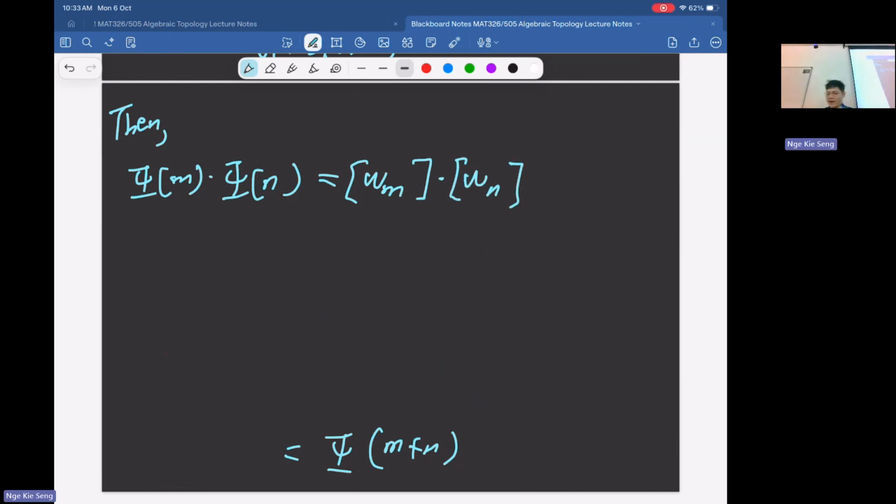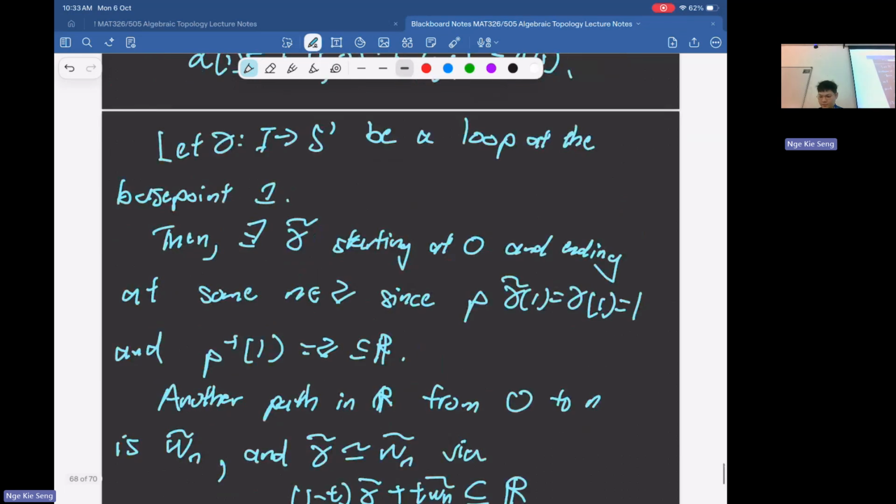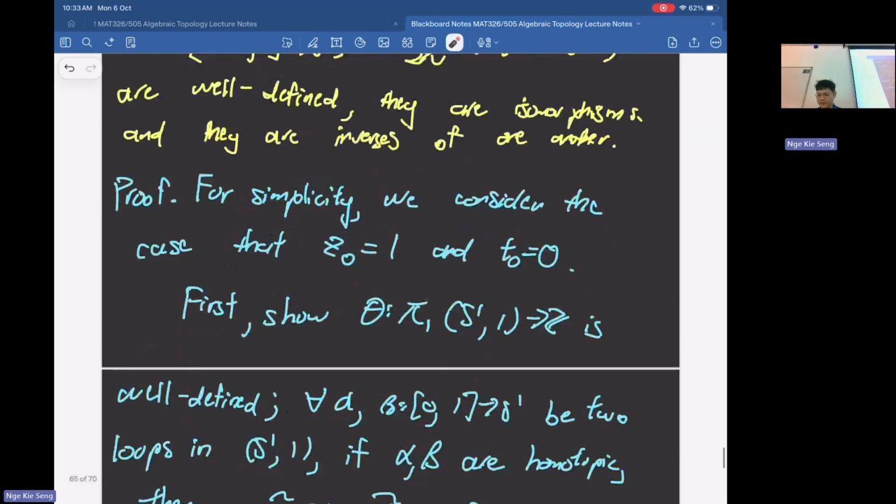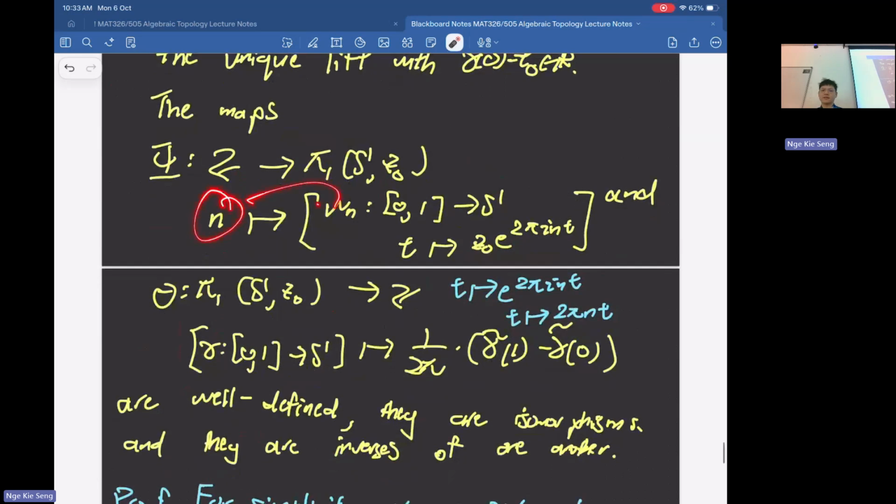From the previous calculation, it makes sense for us to define this map n to just omega n, because every loop in x1 is just some omega n. So it makes sense for this map to be defined like this.